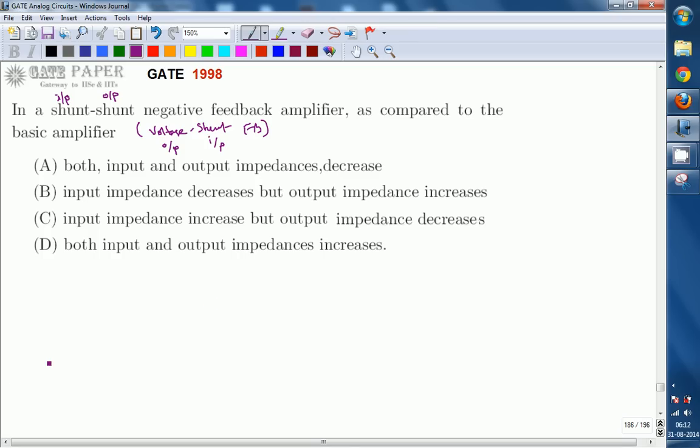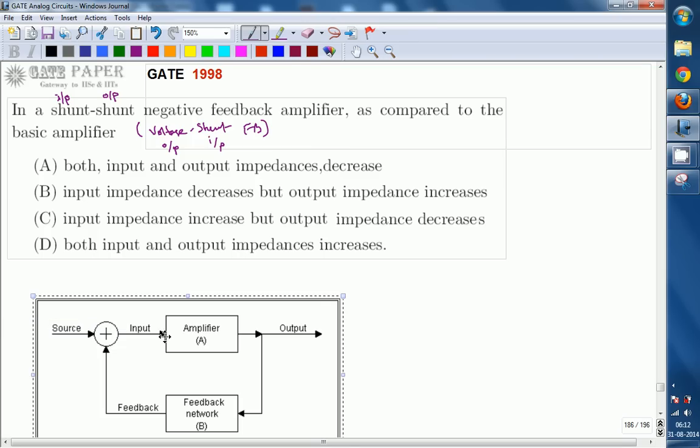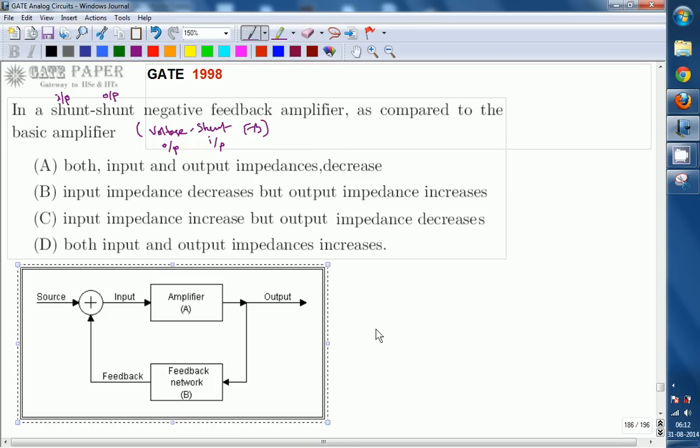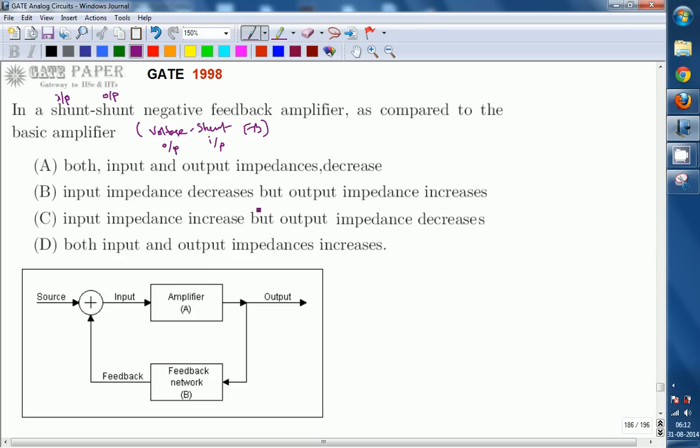If you look at this, this is a general feedback circuit. This is considered as the output node. How you make a sample of the output signal and connect it to the feedback network is related to the type of sampling, and the type of sampling is related to the output side, which is always related to R0.